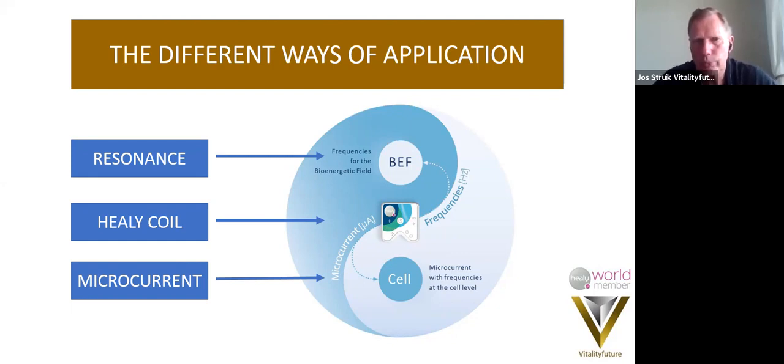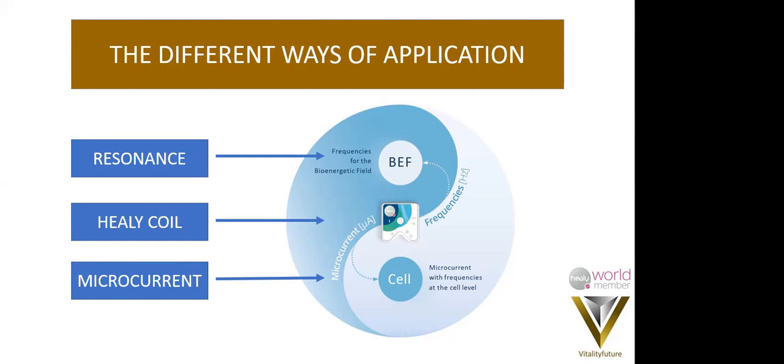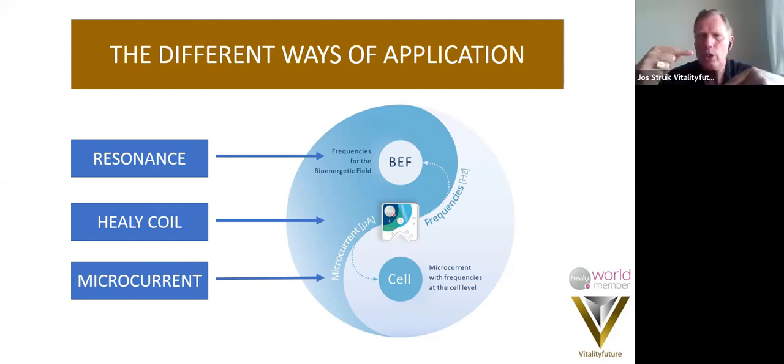So the explanation of the coil is rather simple in a way that we create two magnets, two magnetic fields. Those two fields can create a current, and that current is a current with a limited range going through the air.